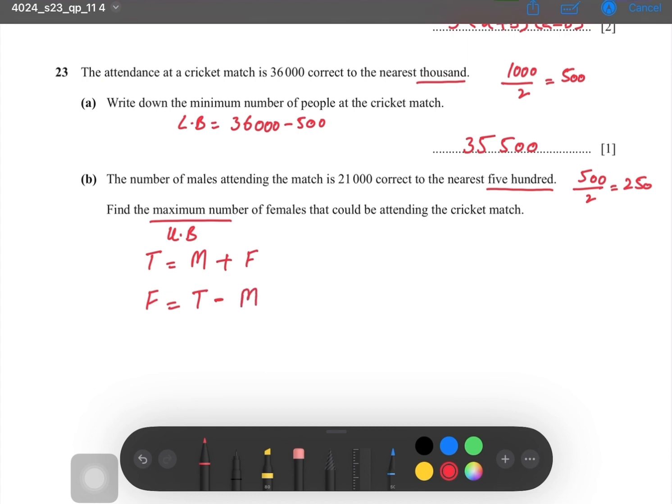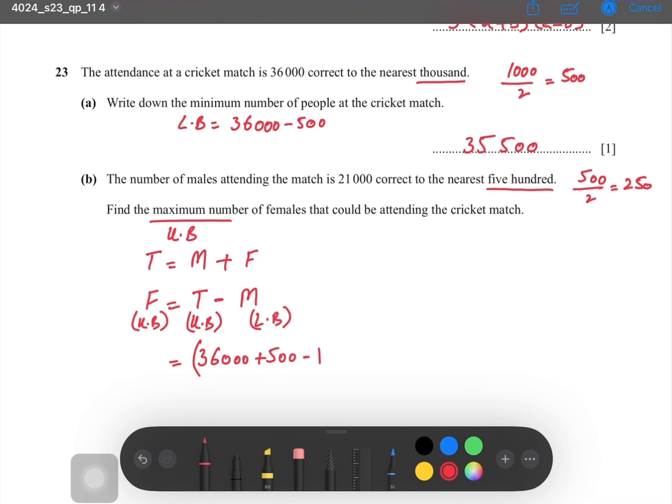For upper bound, I have to take upper bound of total and lower bound of male. So total attendance are 36,000 plus 500. I'll subtract 1 because we are given attendance in terms of 1,000 and we are given the males in terms of 100.